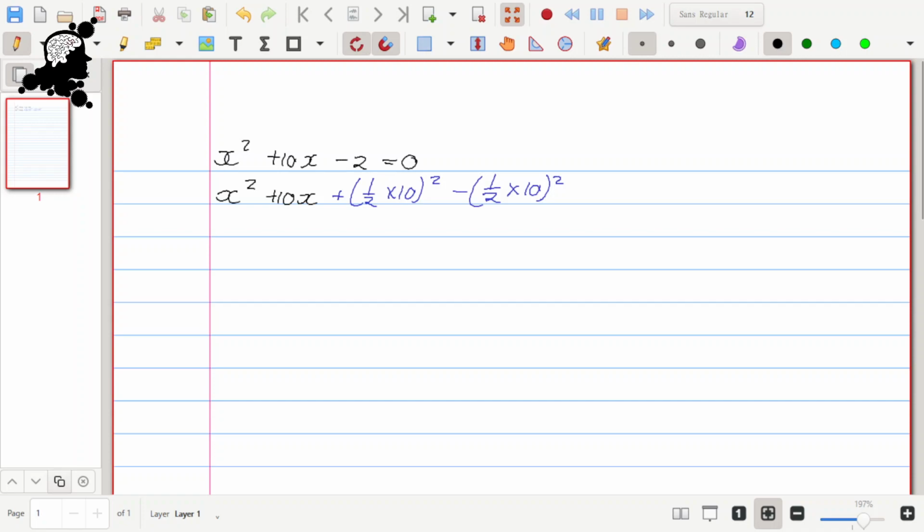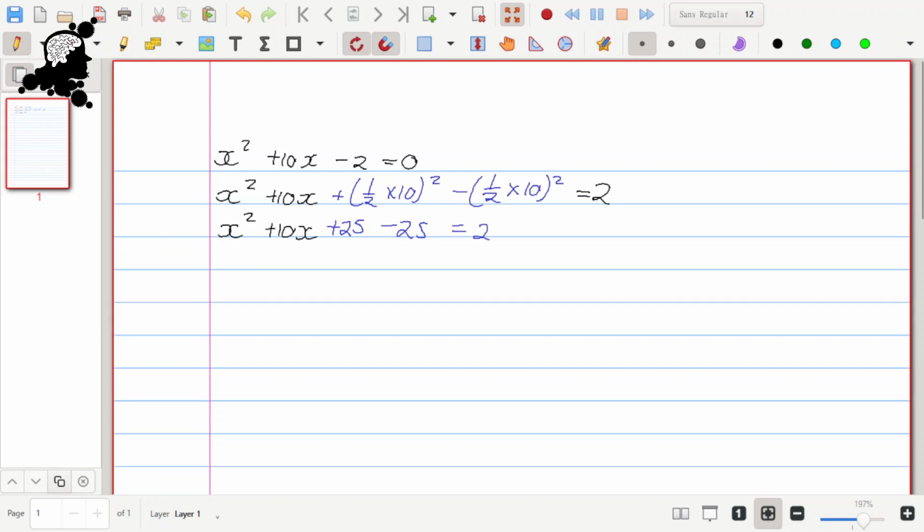Then we can take the negative 2 to the other side, it becomes positive 2. Next step, let's simplify what we have. We have x squared plus 10x, and half of 10 is 5. 5 squared is going to give us positive 25. Minus 25 is equal to 2.